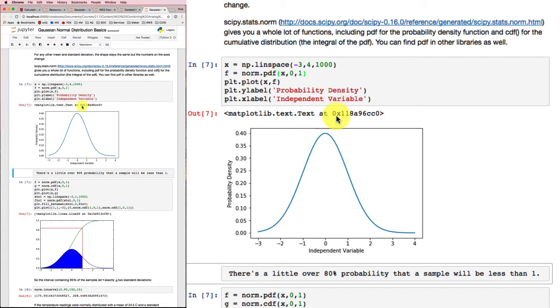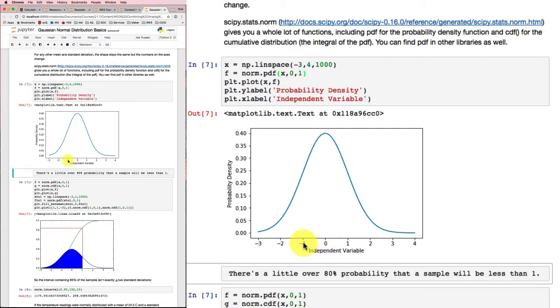Another important thing to keep in mind about this Gaussian normal distribution is that even if we had a different mean and a different standard deviation, if we did this plot, it would look exactly the same, except for a change in the numbers on the axes. So instead of being 0 here, it might be 22.7.